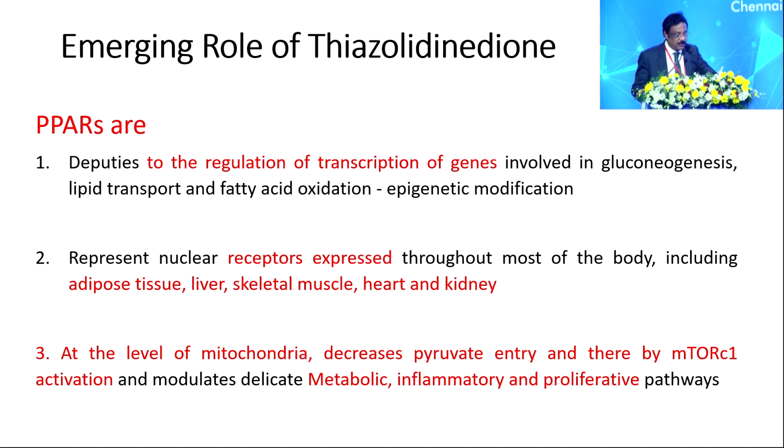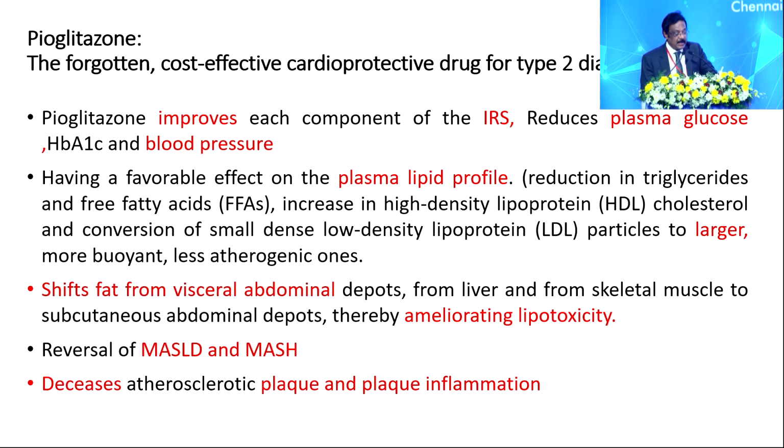At the level of mitochondria there is decreased pyruvate entry, and thereby mTOR pathway activation is inhibited, so many metabolic, inflammatory and proliferative pathways are taken care of. This is the forgotten, cost-effective, cardioprotective drug for type 2 diabetes.